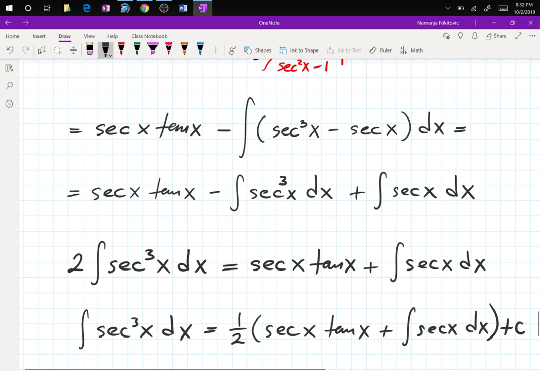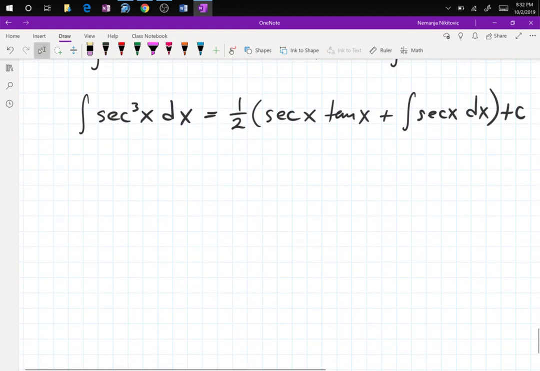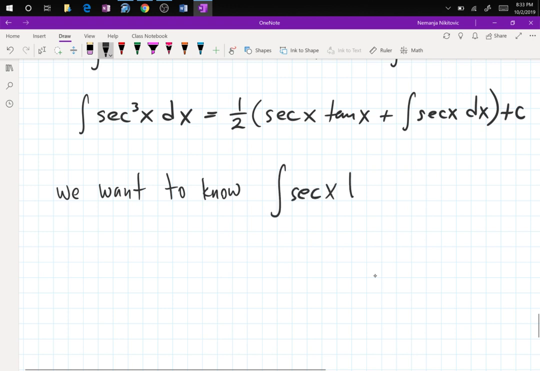Those two are the pair to behold. The same thing goes with a cosecant cubed and a cosecant. These pairs are identical, it's just minus signs all over the place. So technically this is the solution, but now we want to know the integral of secant x dx.